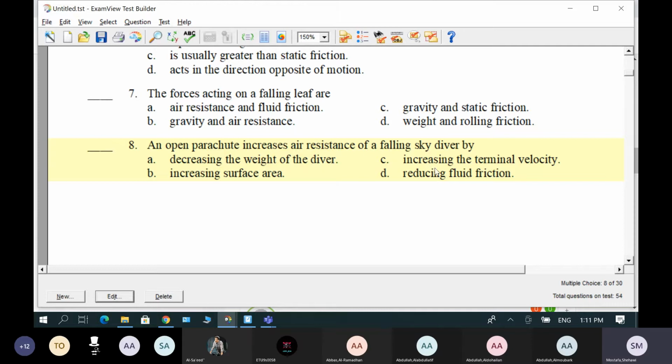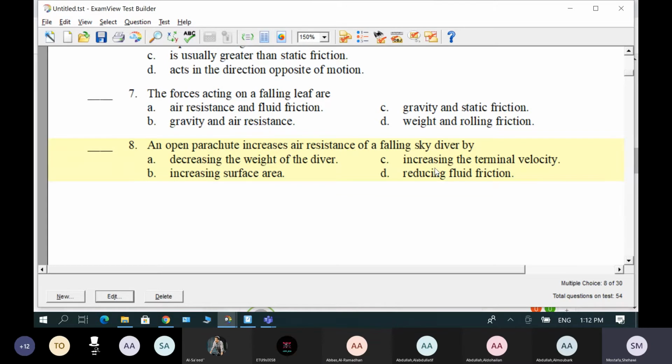No, not increasing the terminal velocity. Not C. Read all the choices, Adham. Decreasing the weight of the diver, increasing surface area, increasing the terminal velocity, reducing fluid friction. What is the right answer? A.